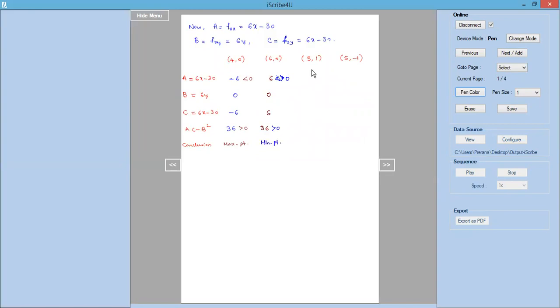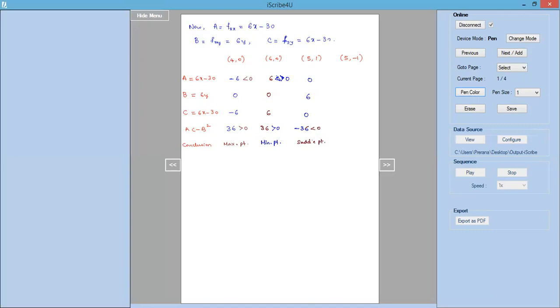Now for the point 5, 1, we will similarly find out A, B, C and AC minus B square. These values will be respectively 0, 6, 0, minus 36. So minus 36 is a negative value. So AC minus B square is negative. Since AC minus B square itself is negative, we don't look into capital A. We directly conclude that the point is a saddle point.